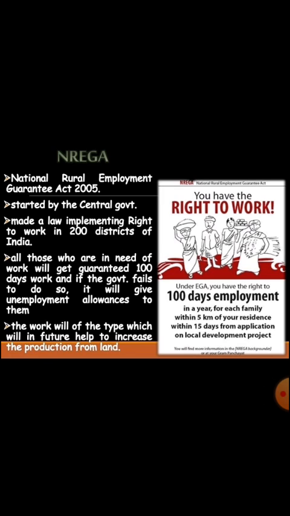All those who are in need of work will get guaranteed 100 days of work, and if the government fails to do so, it will give unemployment allowance to them. The work will be of the type which will in future help to increase the production of the land.